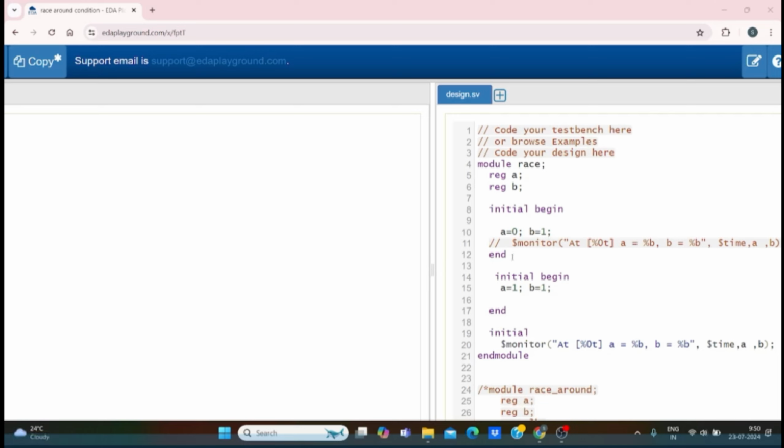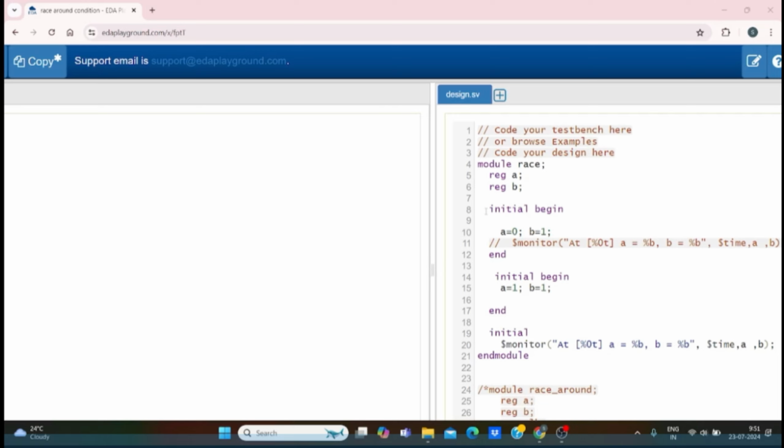Now, what happens? You already know from the initial and always blocks that if we write a number of initial blocks in a module, all the initial blocks will start at 0 time. Multiple initial blocks and multiple always blocks will all start at 0 time.